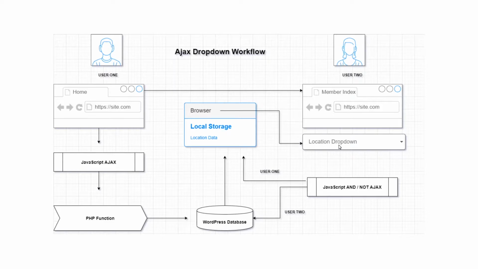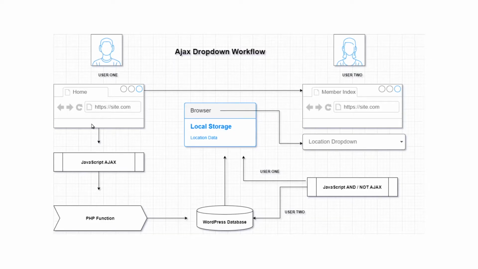So to give the user a better experience, I took this approach, considering the fact that over 95% of the users will visit the site via this home page, and then through navigation they're going to end up on the member index page. So I've decided to put a JavaScript AJAX file here at the home page.